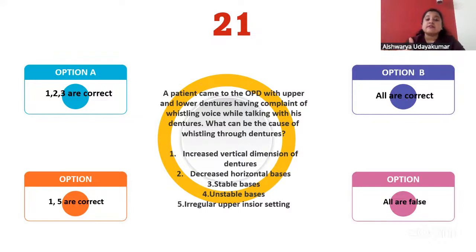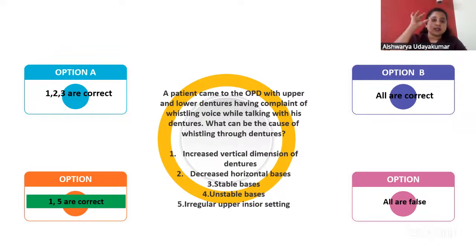Again, when there are vertical dimension issues, the whistling can happen. Also, whether the base is stable or unstable is definitely not a part of a talking or whistling sound. So remember, when whistling comes, again, anterior teeth setting has some issue. Again, vertical dimension has issues.